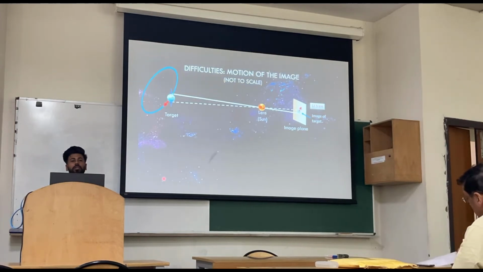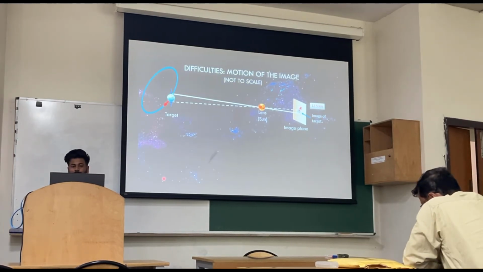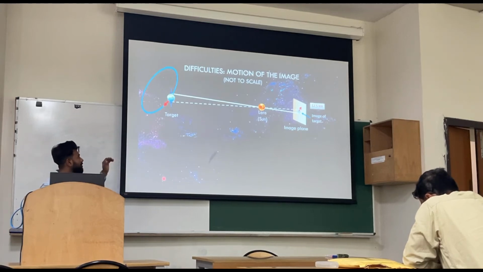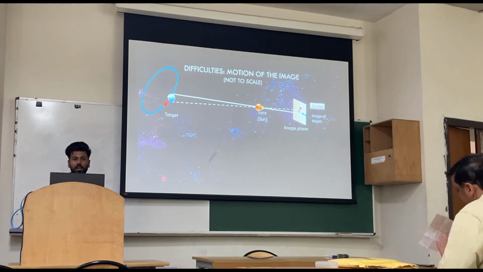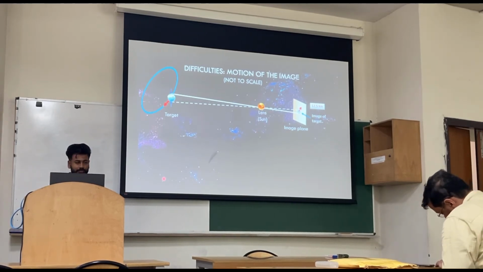But the difficulty does not end here, because the planet is not sitting like a particle ready for someone to take its picture. It is more interested in revolving around its star. As the planet revolves around its star, our telescope is also not still; our sun is also moving around the common gravitational center of mass of the whole solar system.